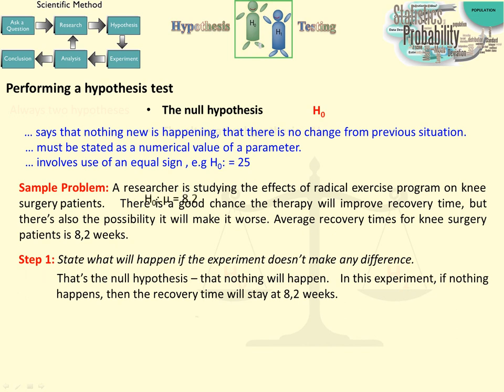Recovery time will stay at 8.2 weeks, and therefore we say H0: mu equals 8.2. It says nothing is happening, it's stated with a numerical value, and it uses an equal sign.